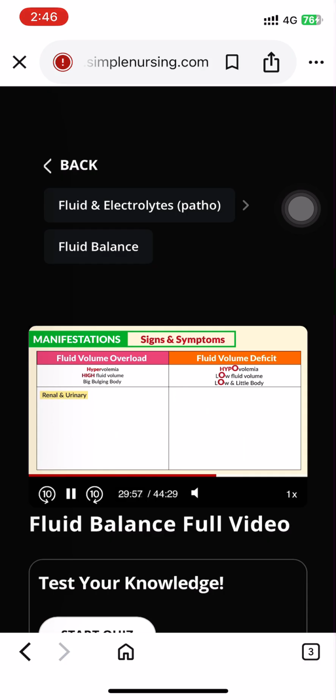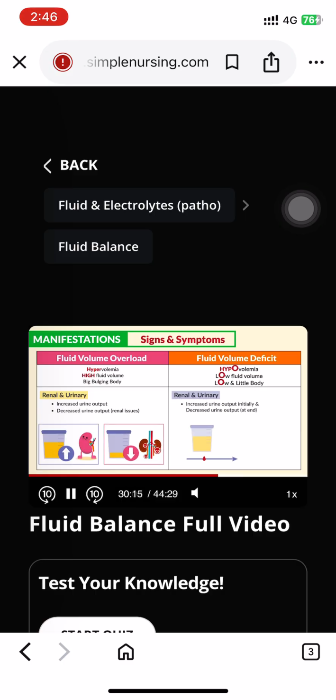Now moving on to renal and urinary. For fluid volume overload, we typically see an increased urinary output. But if the kidneys cannot compensate, then we see a decreased urinary output when the client has renal issues. For example, kidney damage. And for fluid volume deficit, we see an increased urinary output initially, followed by a decreased urinary output at the very end.